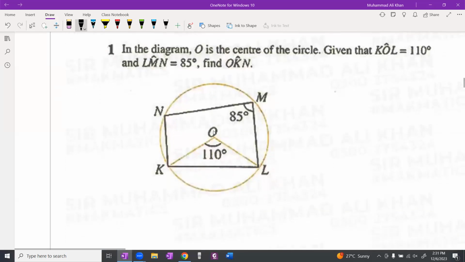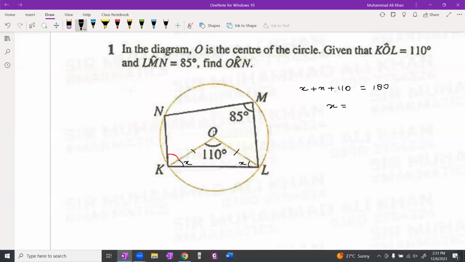Now, worksheet number 34. In the diagram, O is the center of the circle, given that KOL is 110 and LMN is 85. Find OKN. We have to calculate this angle OKN. करते हैं जनाब calculate. बच्चों, if this is 110, here radius, can I say that this is X? So this is also X. Yes. So can I say that X plus 110 equals to 180?